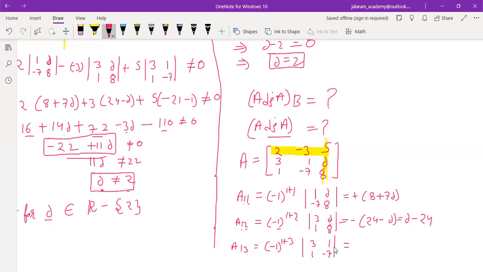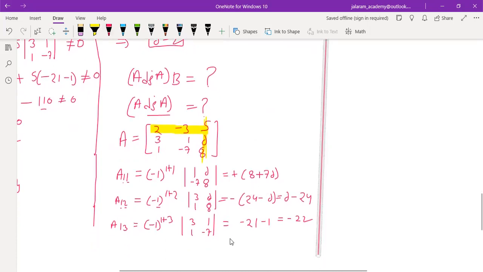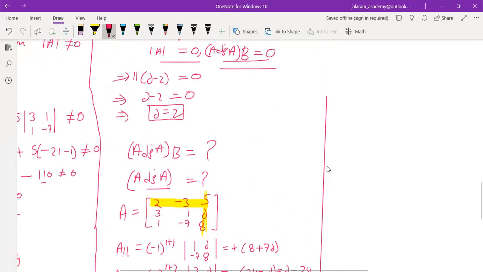So its value is minus 21 minus 1, that is minus 22, which is the cofactor of the first row.